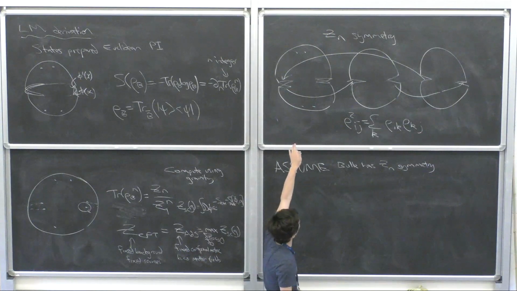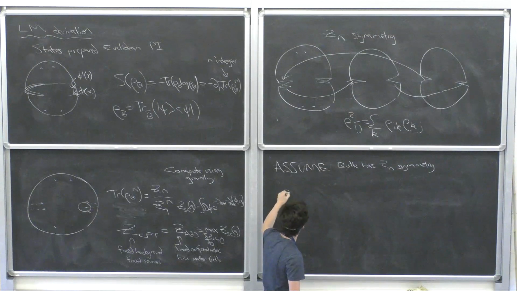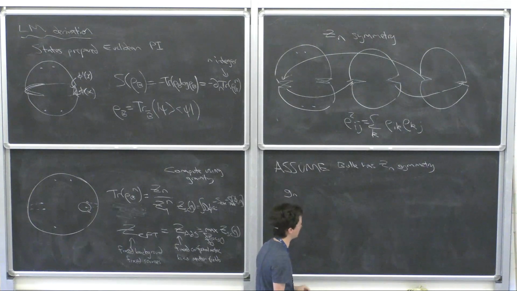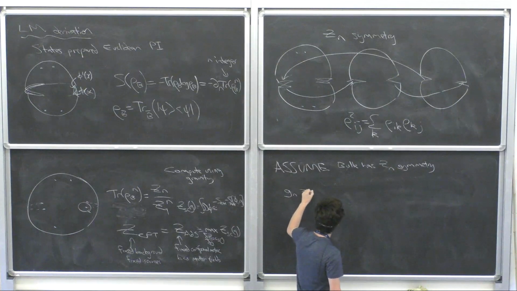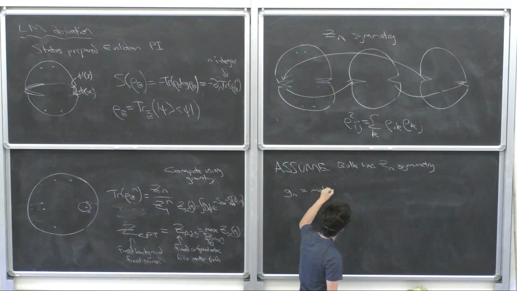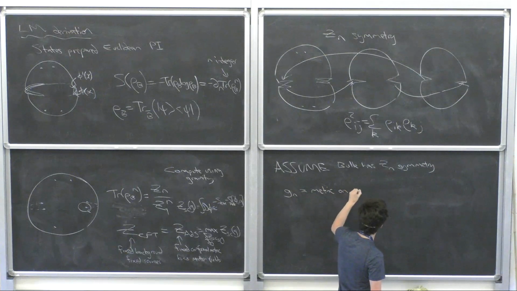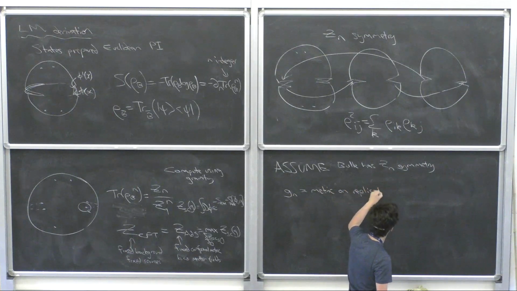Okay, so really what we have is some metric, call it G_n, on the full n-copy replicated geometry.